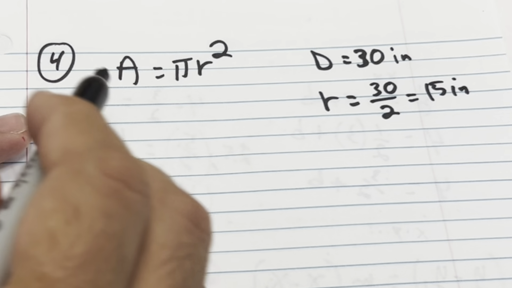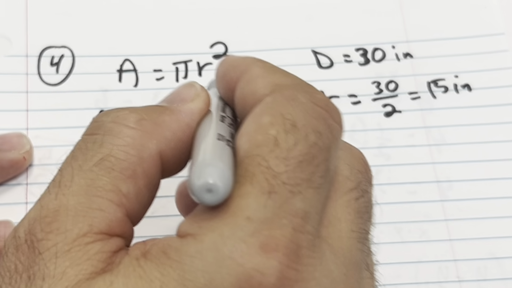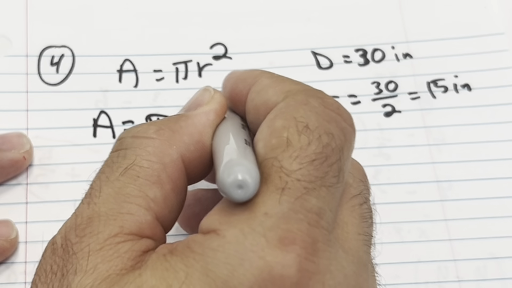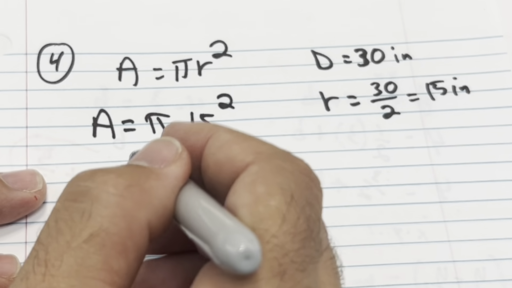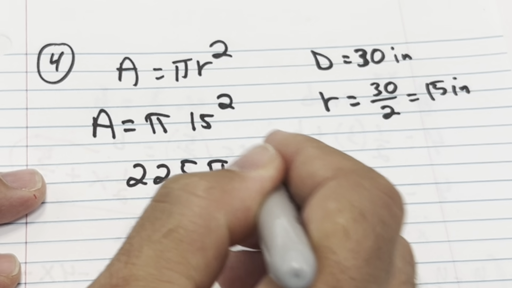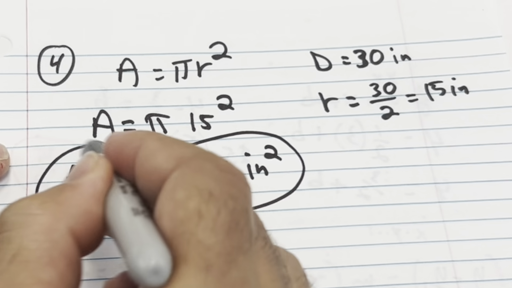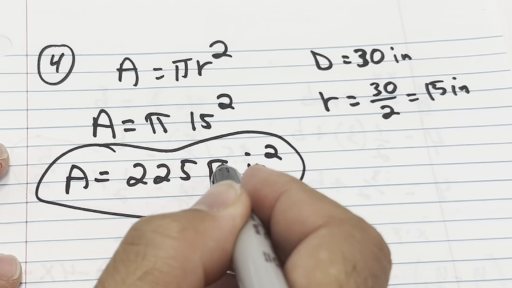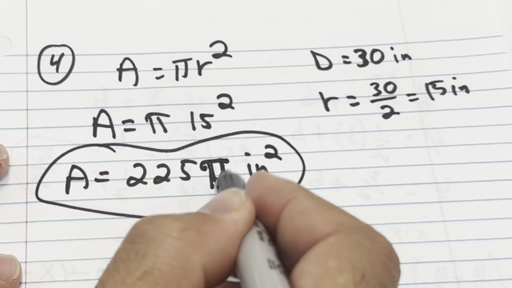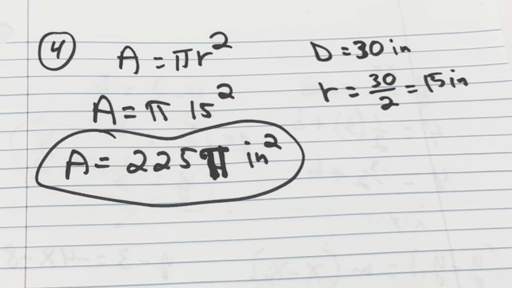To find the area, area is equal to pi times 15 squared. 15 squared is 225. So 225 pi square inches is the answer in terms of pi. Remember, sometimes they ask you in terms of pi, and sometimes you need to multiply by 3.14. It depends on the exercise.